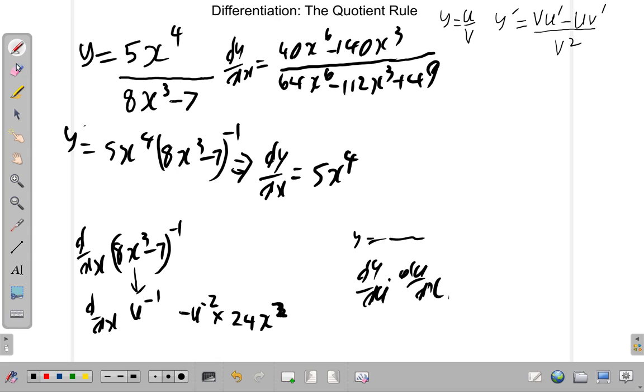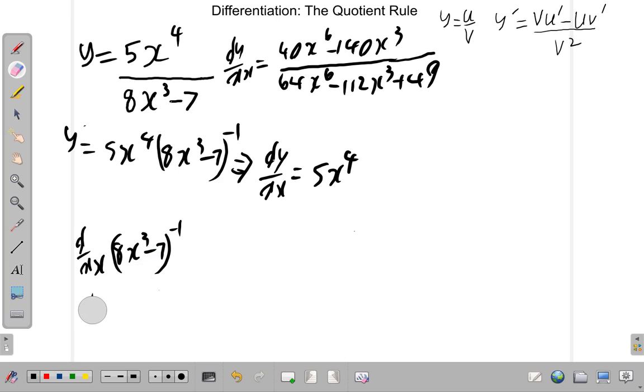After you become very accustomed to doing it, you develop the skill of doing differentiation without writing all of that. So what will happen here is this.